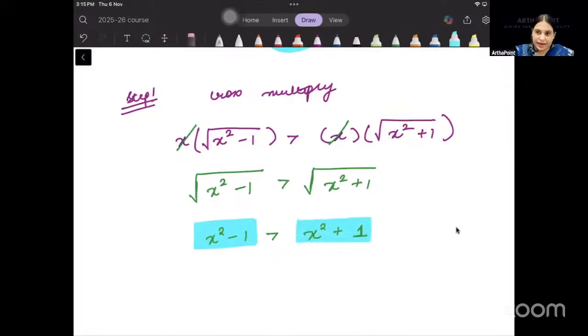So will there be any x which can satisfy this? x square is a positive number, right?